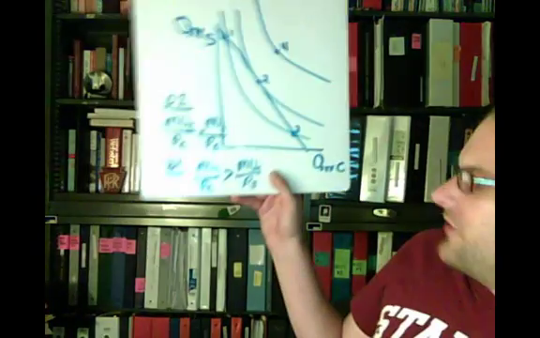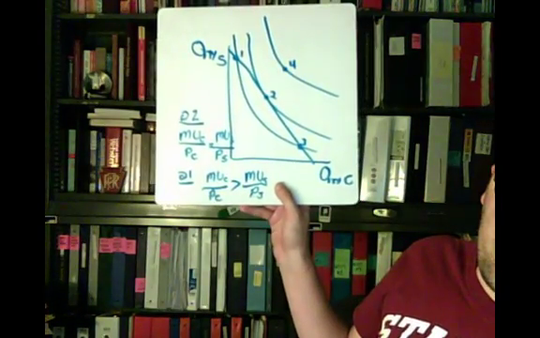At point 1, what we're seeing here basically is that people are not consuming enough crest and they're consuming too much sushi, which would mean that the marginal utility of crest over the price of crest must be greater than the marginal utility of sushi over the price of sushi.